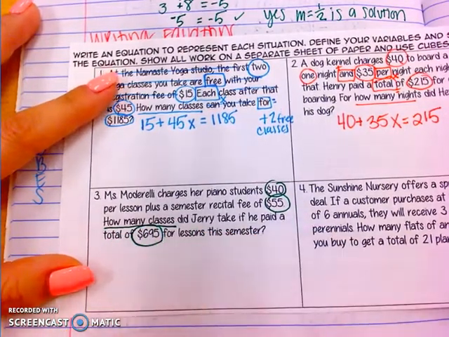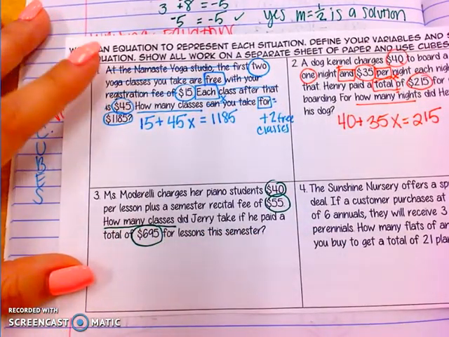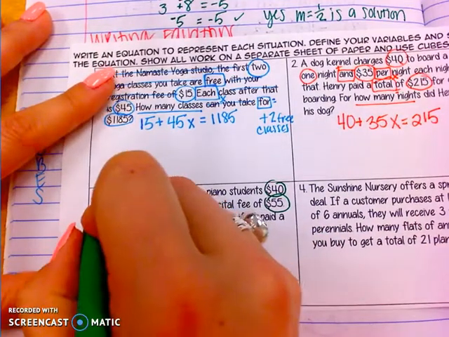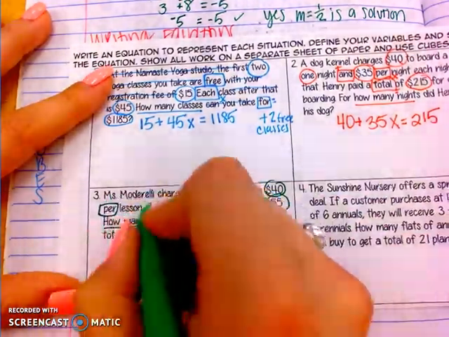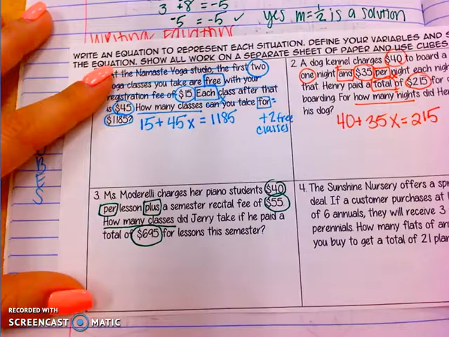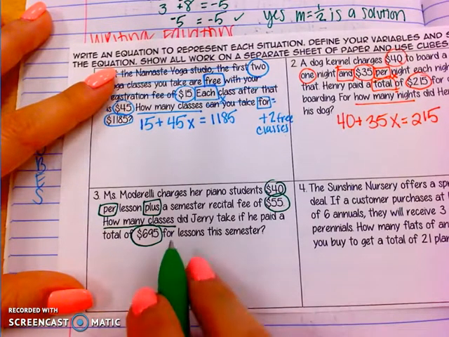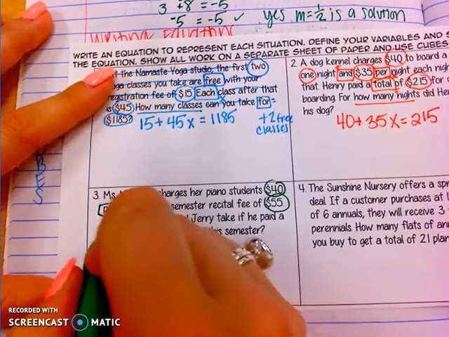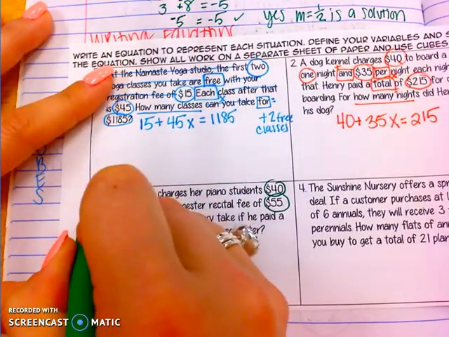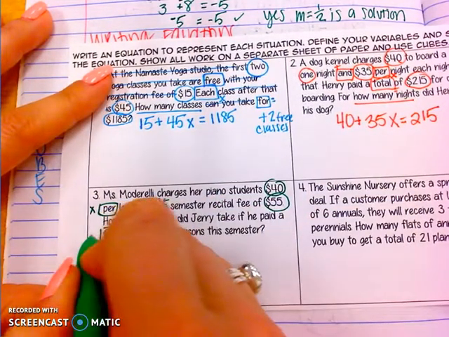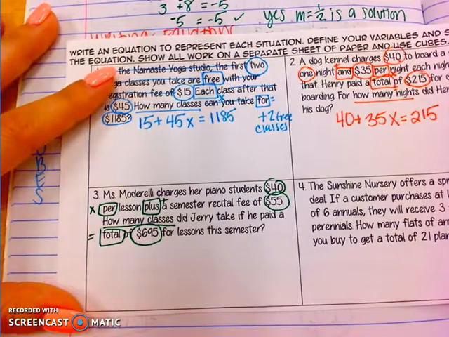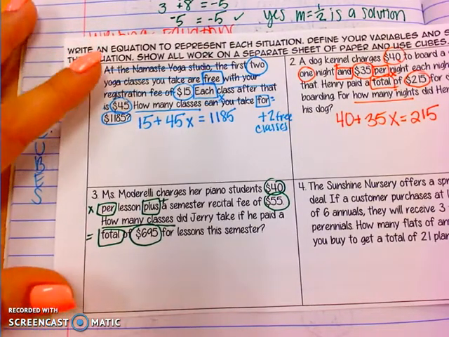How many classes? Boxing those keywords. Per, and then plus, and total. Per meaning multiply, plus meaning addition, and total meaning equals. It really lays it out for us. It tells us exactly what we need to do.